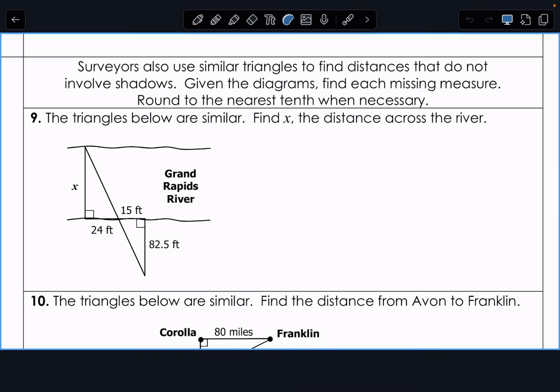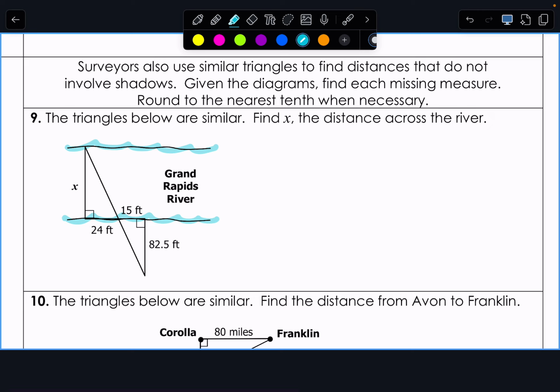So I want you to look at this number 9 at the bottom of page 20. In number 9, we have a river, okay? If I'm going to measure the distance across the river, can I just get a tape measure out and measure that? No. Can I walk with that little rolly thing to figure out how many feet I've gone?